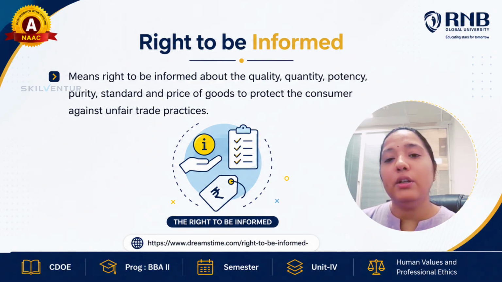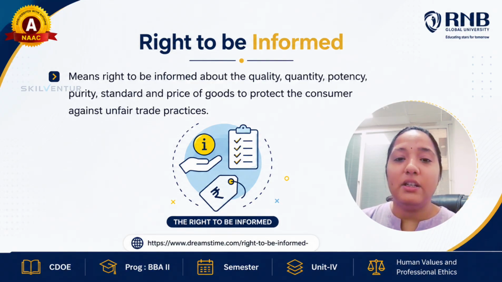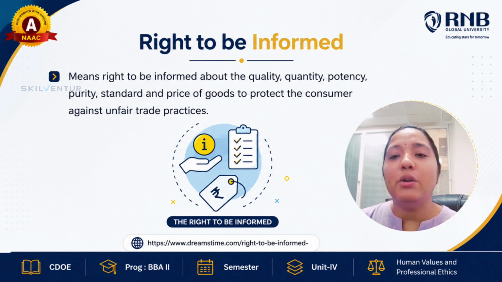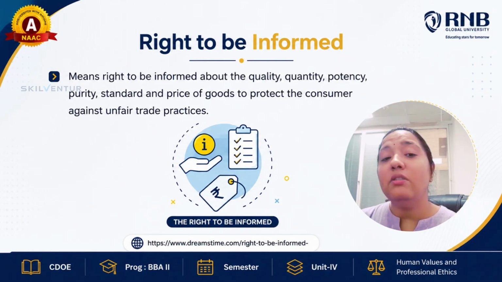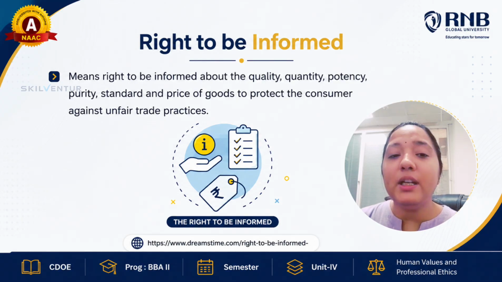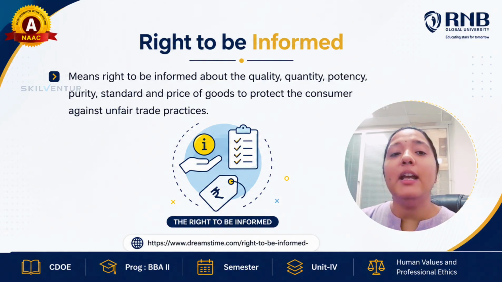Similarly, in electronic goods, we should check specifications, warranty and any kind of safety instructions. If companies hide important information or provide false details, it is a violation of this right. To conclude, the right to be informed empowers consumers with knowledge and helps them to avoid being cheated in the marketplace.